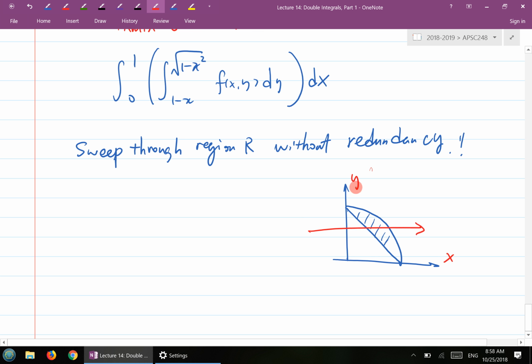So this will become your first contact and second contact. But you're integrating with respect to x first, and x will go from 0 to the square root of y minus y squared, and then y is 0 to 1. So that will be very similar, but it's a different order.